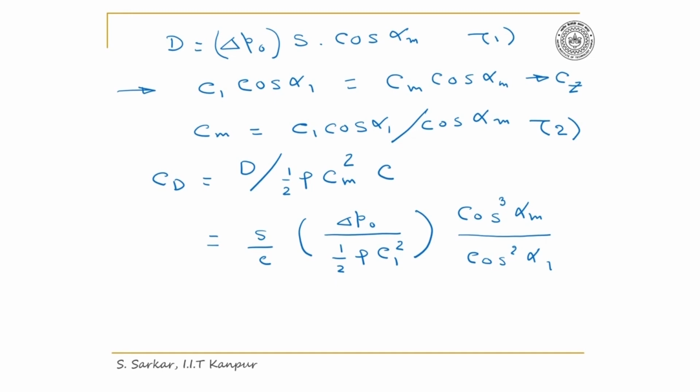I have evaluated CD. The value of CD would be 0.0355. Before that, I'd like to state one point, that del P0 was given in terms of 10 millimeter of water column.